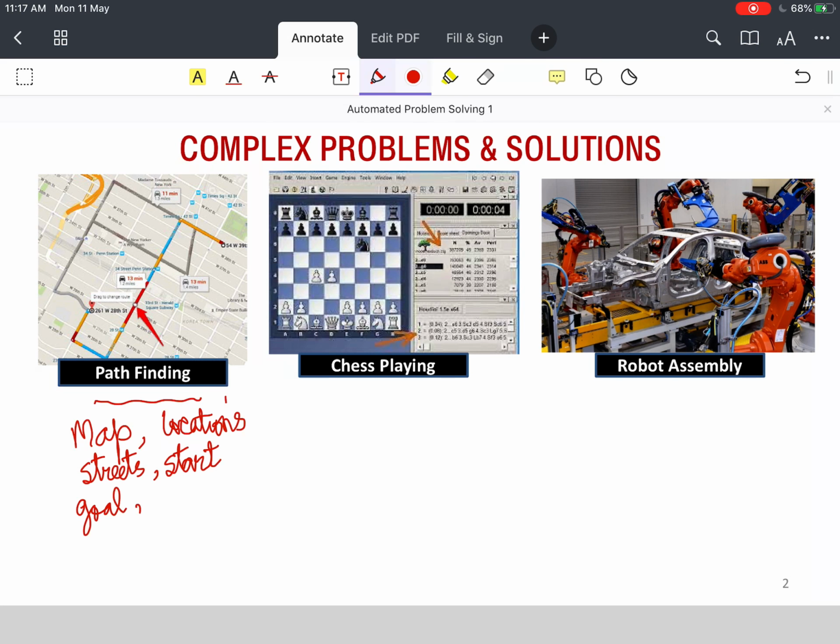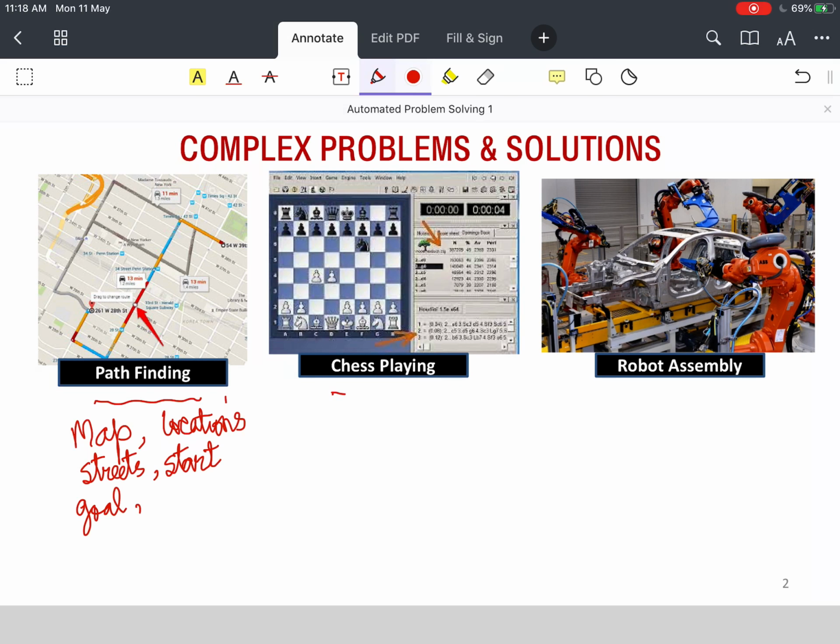And when we look at city maps, country maps, road maps, you can imagine the number of locations, the number of streets, and the complexity and the size of this problem. So typically this problem could be solved by a single algorithm, but it could also be looked upon as a generalized problem that we want to solve by automated problem solving.